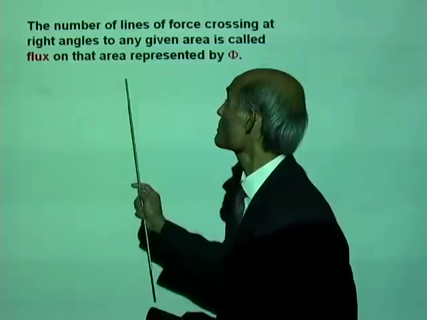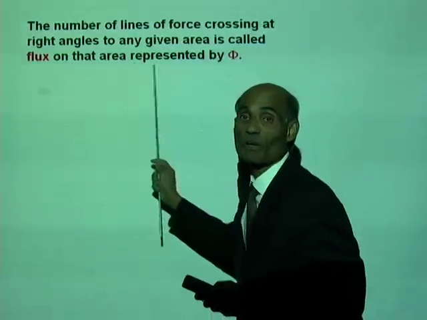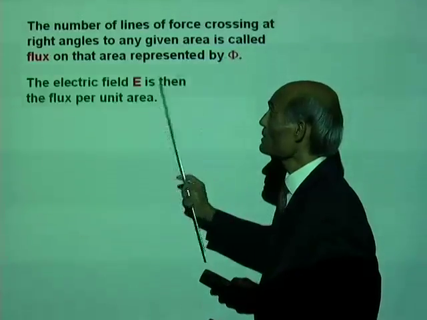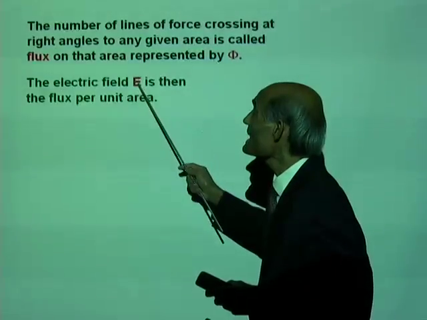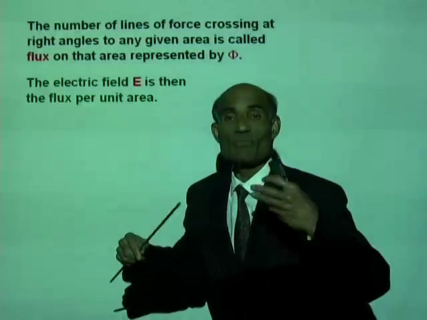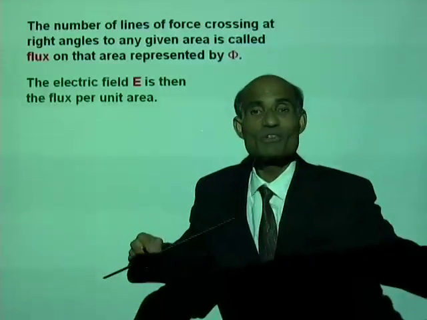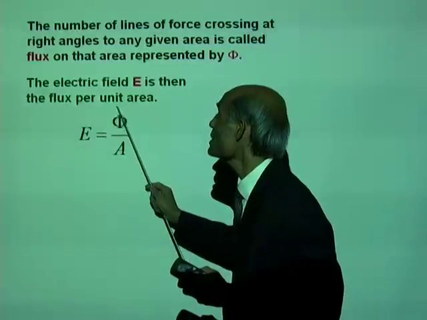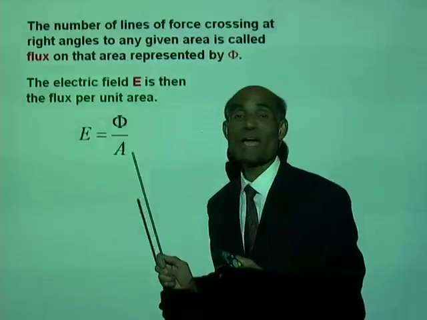Alright, we will represent the electric flux by the Greek letter phi. Alright, so the electric field E is then the flux per unit area. In other words, E equal to phi over A.